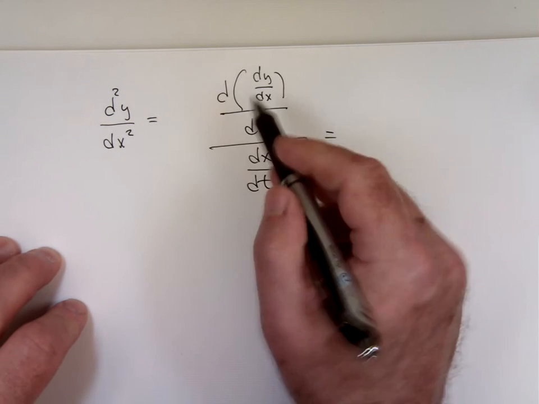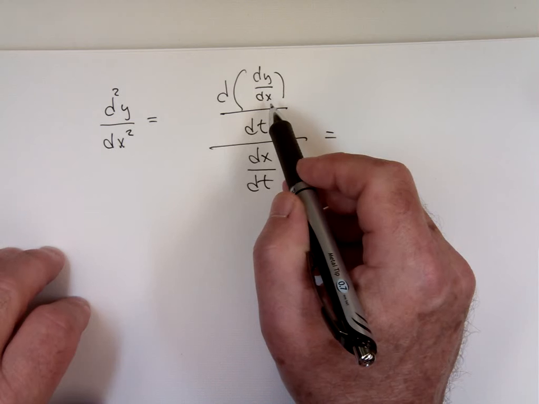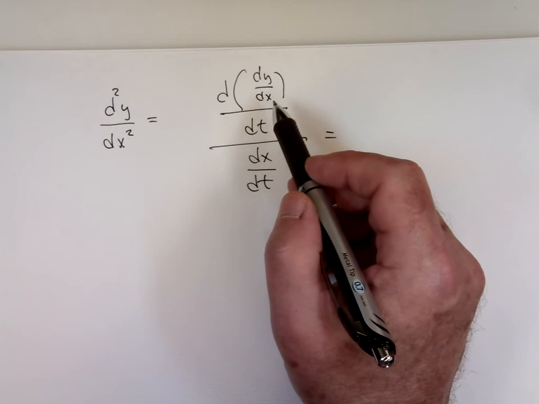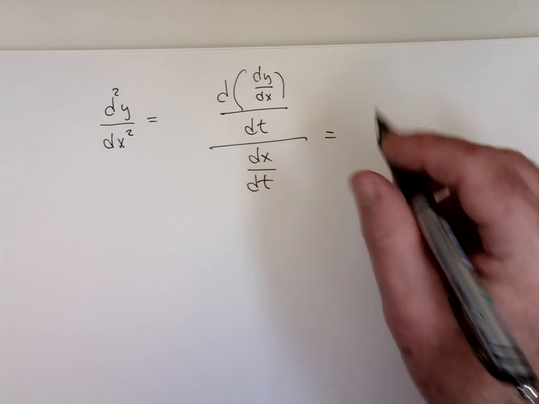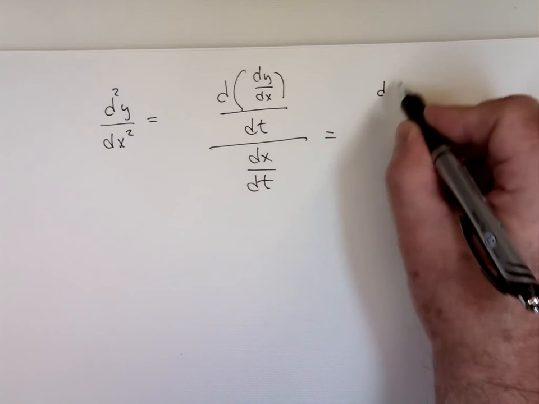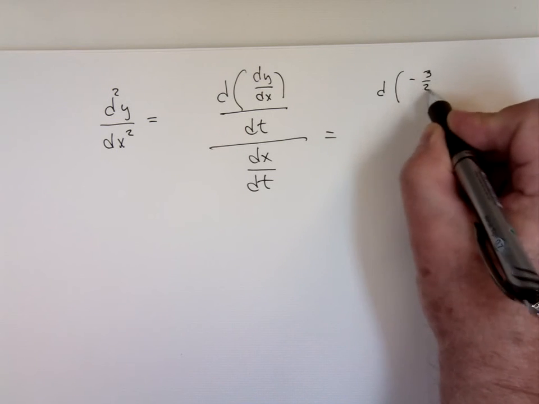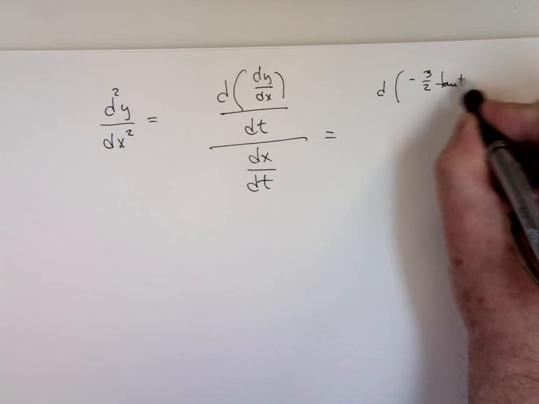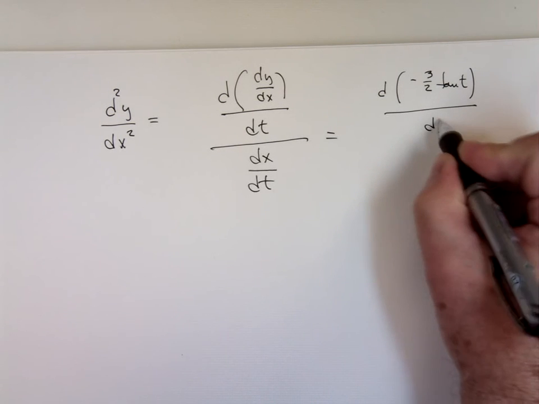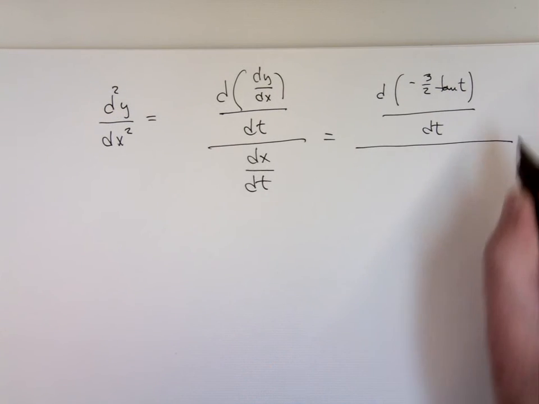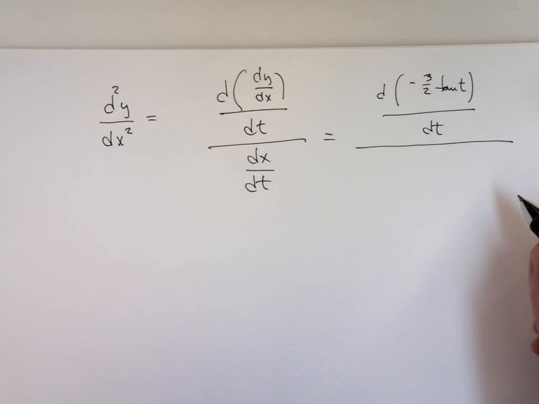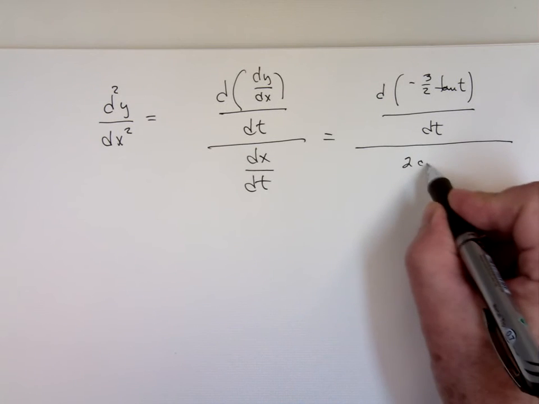What we have to do is take the derivative of our first derivative. Now, our first derivative is negative 3/2 tangent t. So I'm going to take the derivative of negative 3/2 tangent t with respect to t, over the same dx/dt we had from before, and that's 2 cosine t.